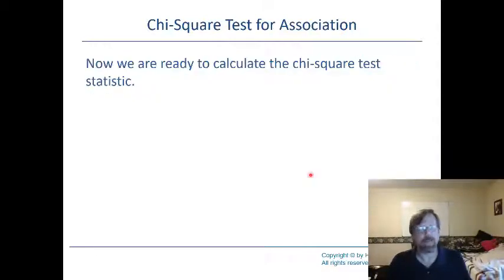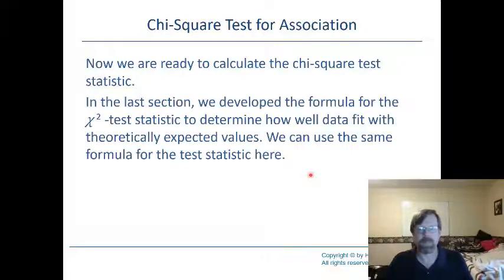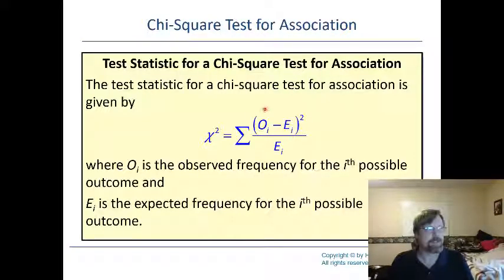We can calculate our test statistic. We're going to use the same formula as last time, which is the observed frequency minus the expected frequency, take that difference squared and divide it by the expected frequency, and sum those up for each possible outcome to get the chi-squared statistic.